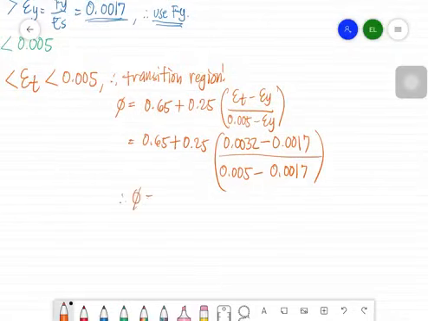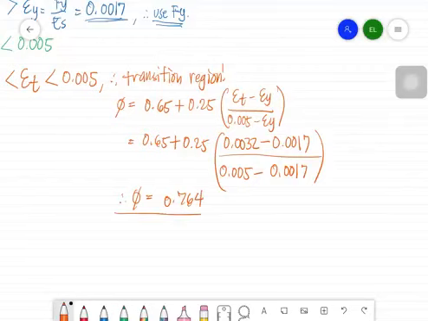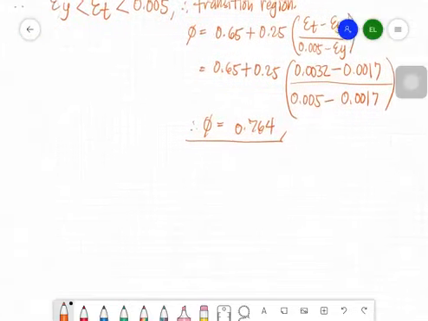Therefore our phi is 0.764. This is greater than 0.65, which is the lower limit for the value of phi. So this is good.